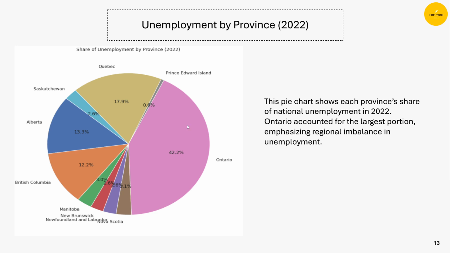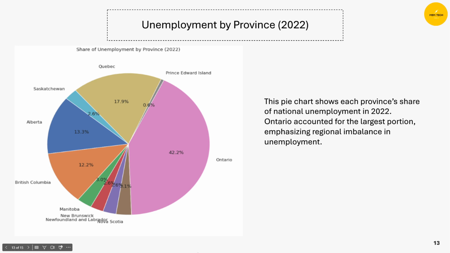So here is the pie chart, which I have created. The pie chart shows each province's share of national unemployment in 2022. As I mentioned, Ontario accounted for the largest portion of national unemployment, which emphasizes the regional imbalance across the country.